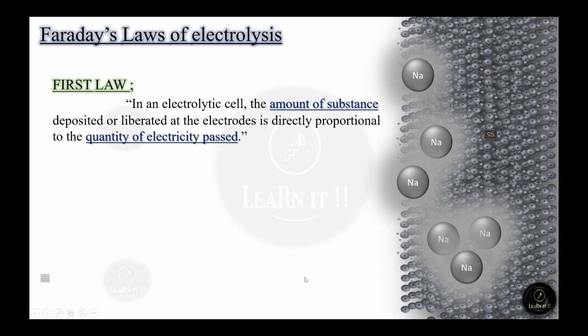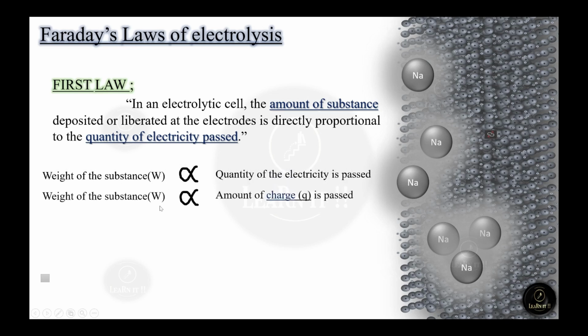In an electrolytic cell, the amount of substance deposited or liberated at the electrodes is directly proportional to the quantity of electricity passed. So the weight of the substance, W, is directly proportional to the quantity of electricity passed, which is measured in terms of charge, in coulombs. So W is directly proportional to Q, where Q is the amount of charge in coulombs.